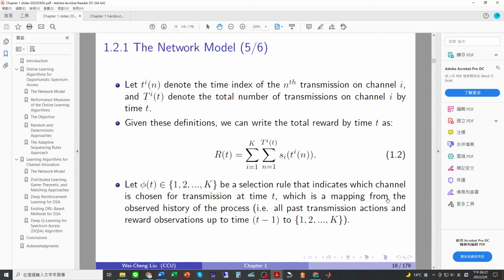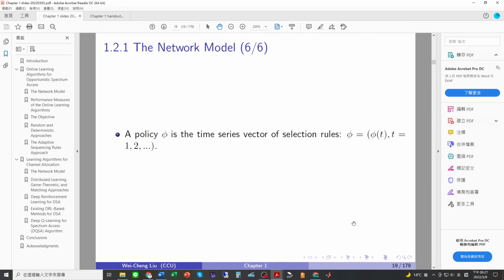It is a mapping from the observed history of the process, that is, all past transmission actions and reward observations up to time t minus 1, to 1, 2, to k. A policy phi is the time series vector of selection rules phi of t, where t is equal to 1, 2, etc., that is all the natural numbers.